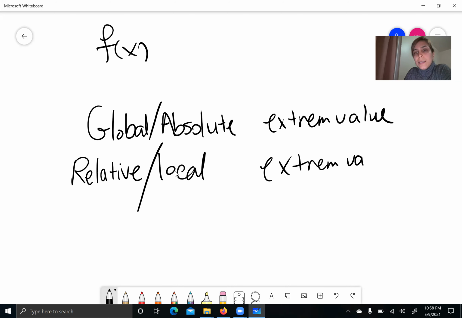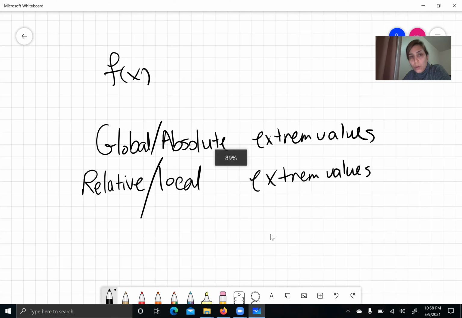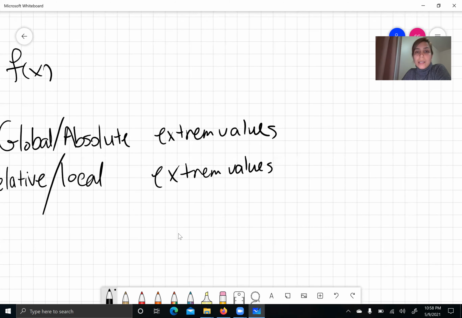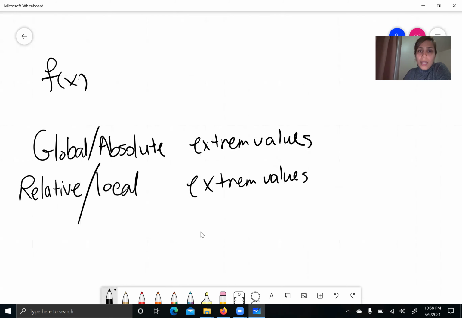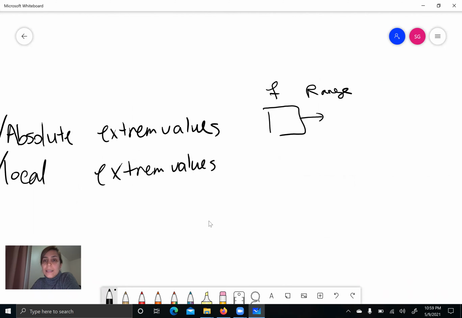What is the difference between being absolute and local? It goes back to the definition. If it's absolute, it means that for the function, you look at the range, all the output values, and you pick the extreme value, if it exists: the greatest, largest value, and the smallest value.